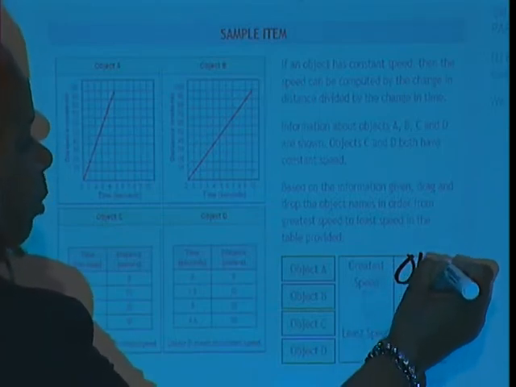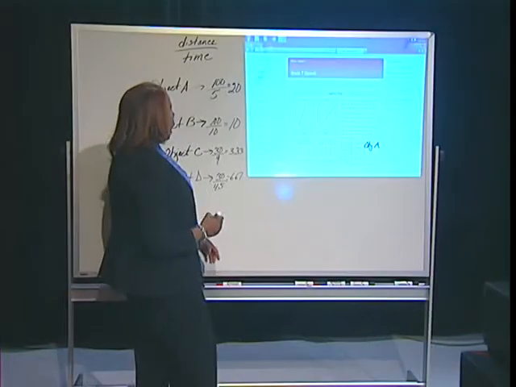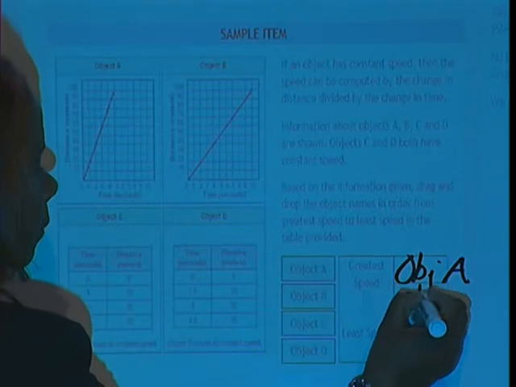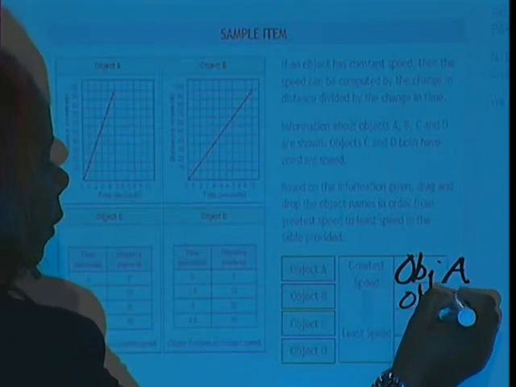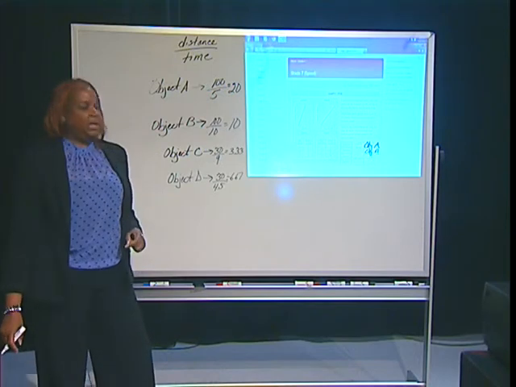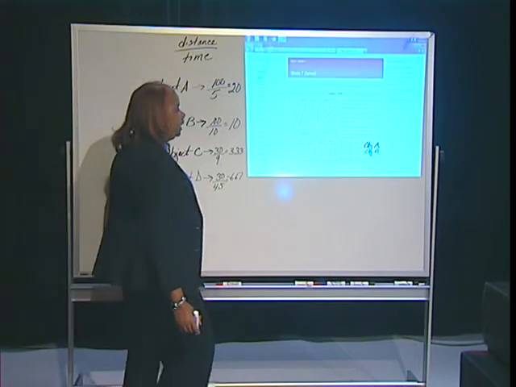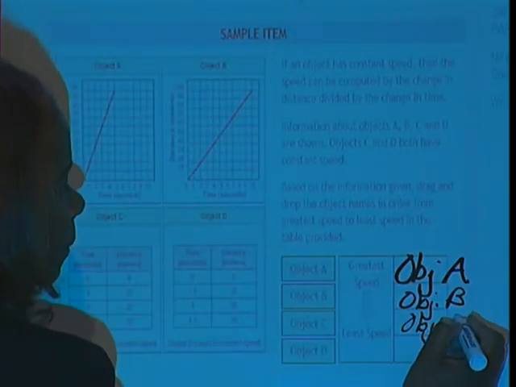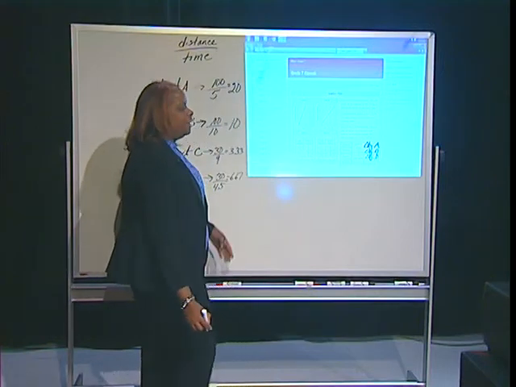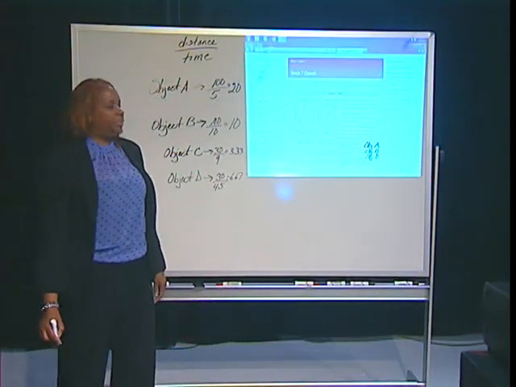and I'm just going to abbreviate, object A continues to be the greatest. Object B is next. Taking a look at object C and object D, the next would be object D. And the least amount would be object C, which is 3.33.